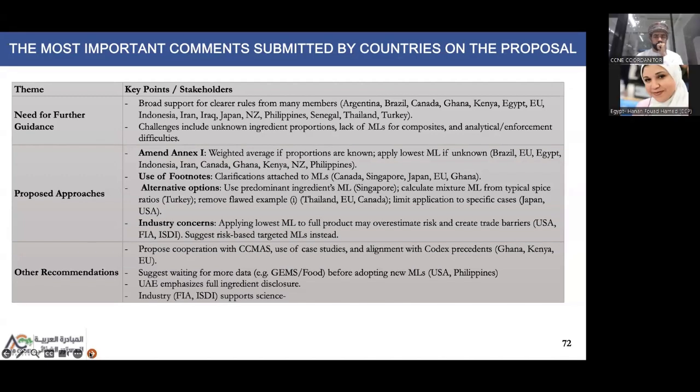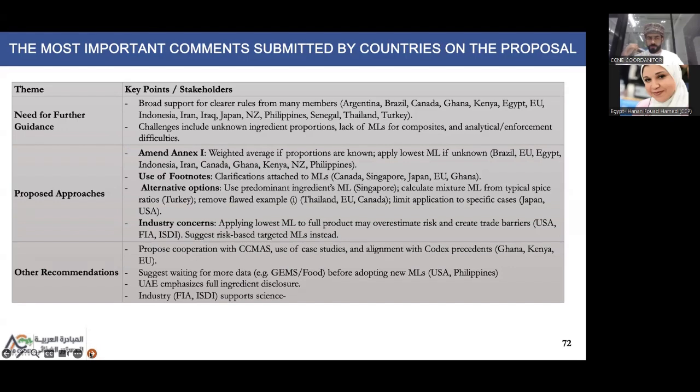The proposed approach included amending Annex 1, supported by EU, Egypt, Brazil, Indonesia, Iran, Canada, and adding the remarks supported by Canada, Singapore, Japan, EU, Ghana.